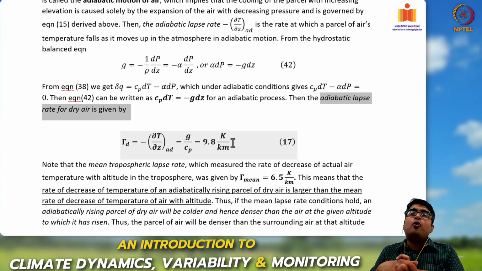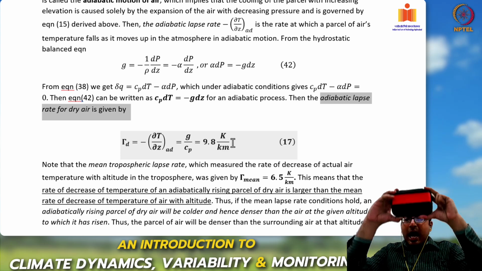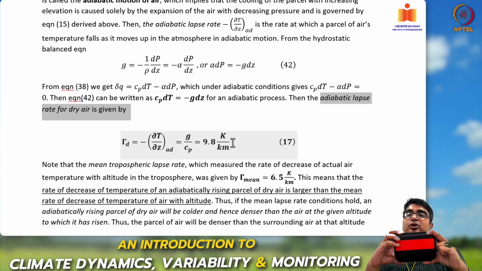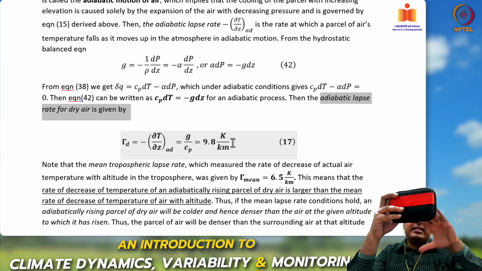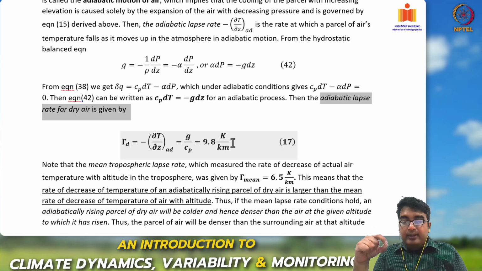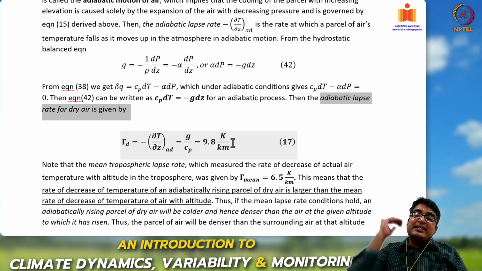What does this mean? It means that if a parcel of air is moving upwards through an adiabatic process, that is, there is no heat transfer between it and the surroundings, then it will cool at the rate of 9.8 kelvins per kilometer increase in its altitude.